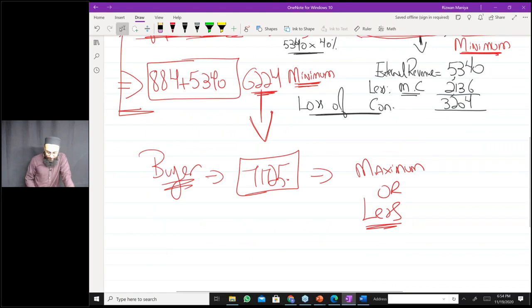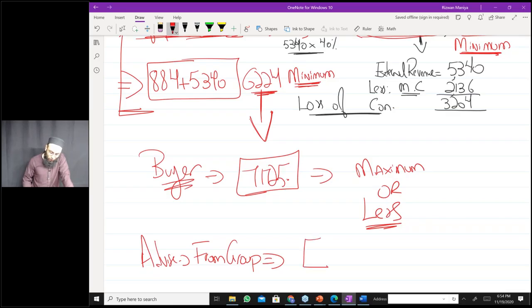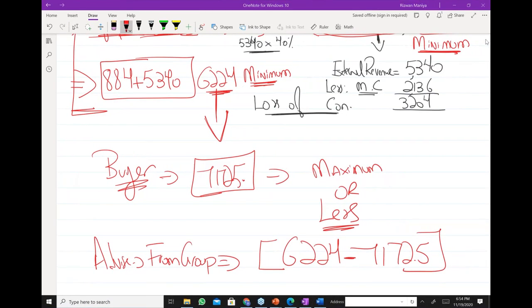Your advice will be, from a group perspective, the transfer price should lie between a range of 6224 and 7172.5. Yes, my friends, this is your advice.